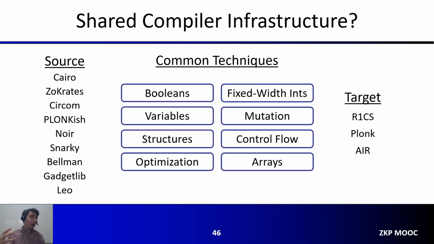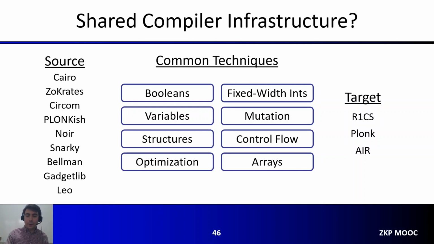So there's a lot of common ground, and in some sense you saw this when you were using the ZoKrates language. You were able to create equalities, booleans, and when you were using the ArcWorks synthesis library, you were also able to create booleans using gadgets. And there are some common ideas that underlie the booleans in ZoKrates and the boolean gadgets in ArcWorks.